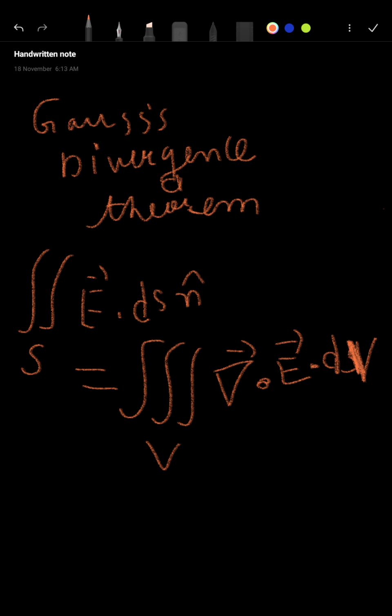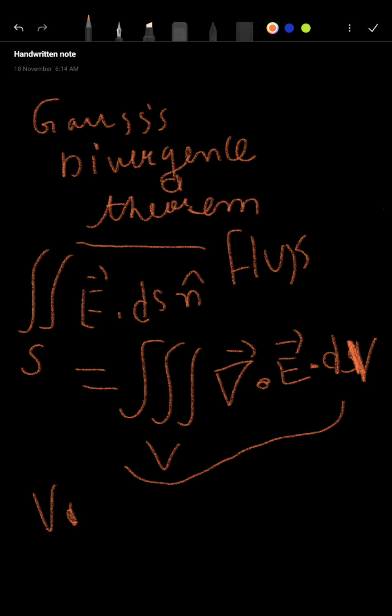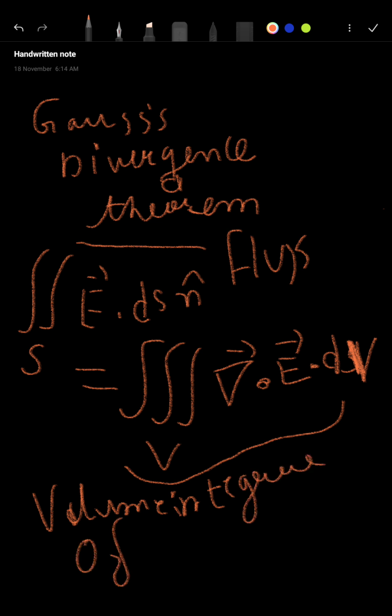So this is what it really is, and this side over here, this is the flux. This part, that's the volume integral of divergence.